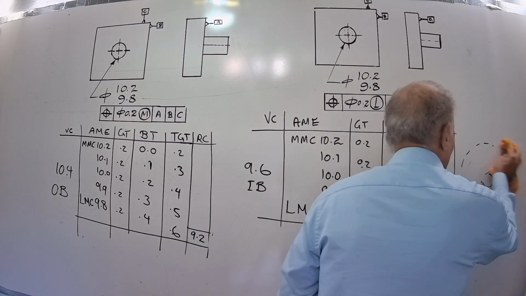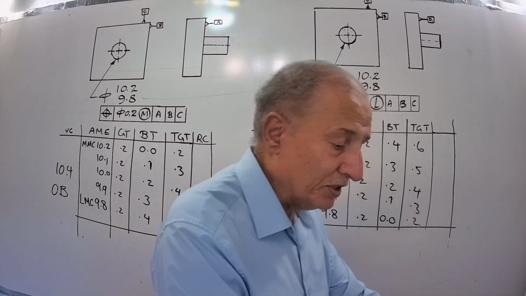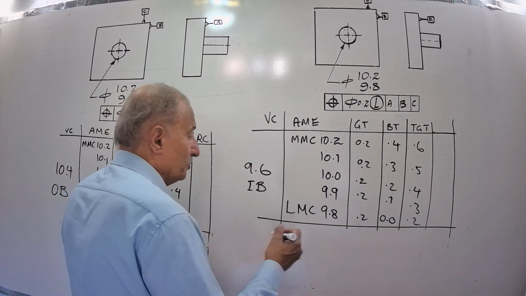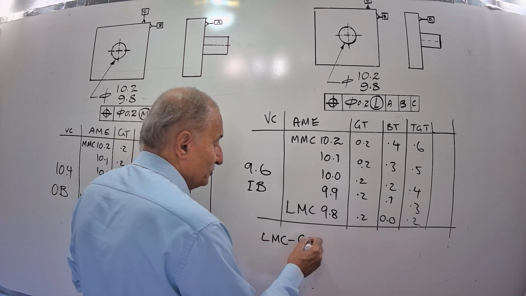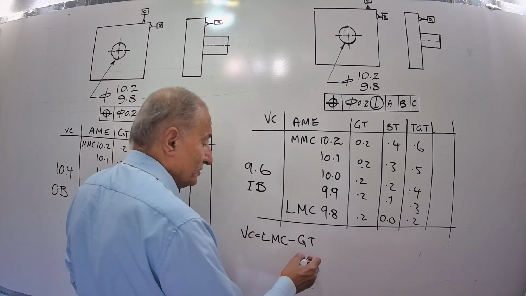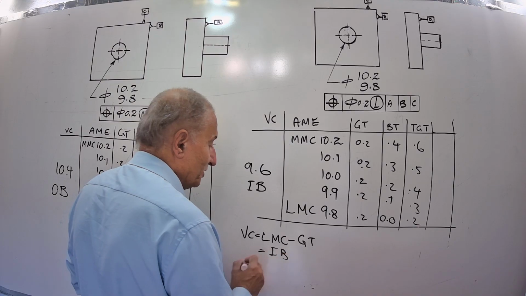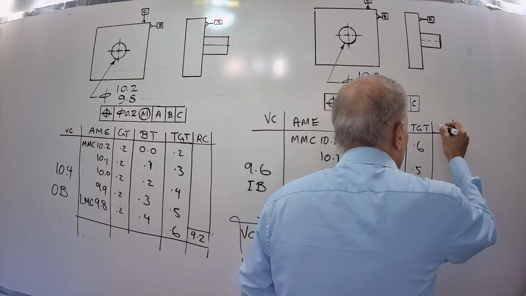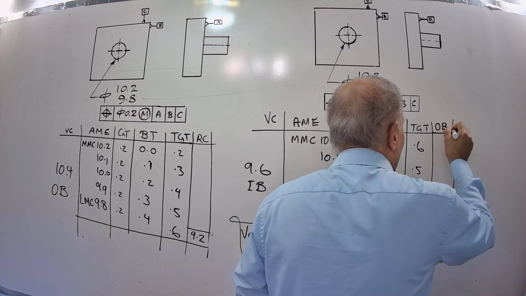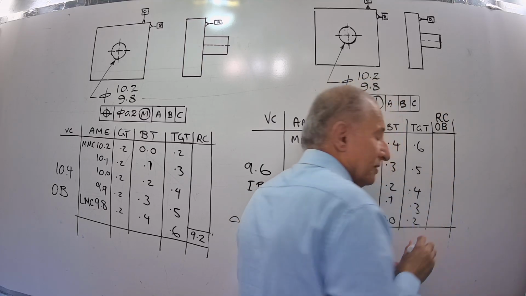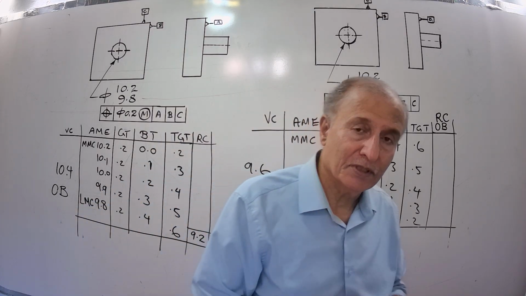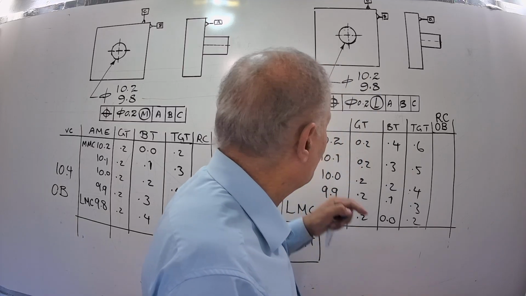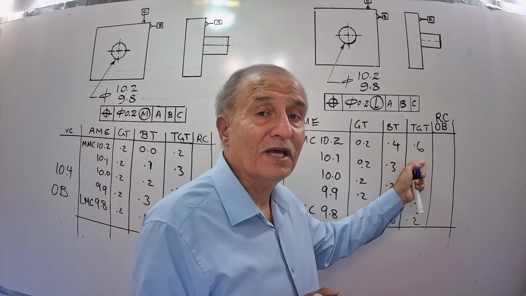Then inner boundary or virtual condition here is equal to LMC minus GT, the same as inner boundary, coincides with inner boundary here, with L modifier. What happened? Let's go for outer boundary or resultant conditions. Then, if we produce at 10.2, we are allowed to have 0.6 error.